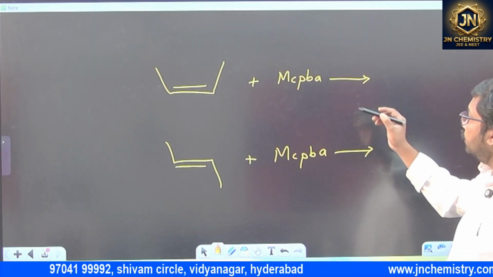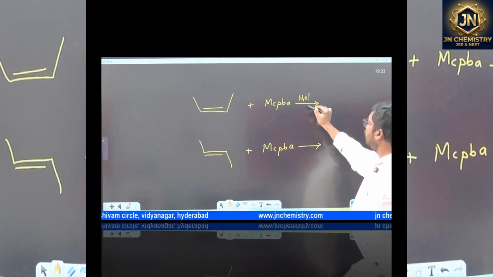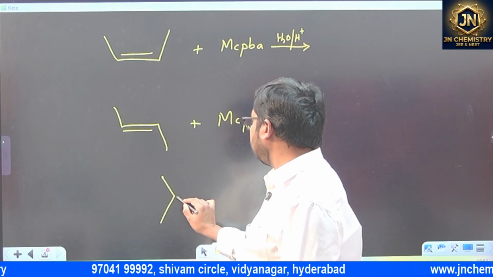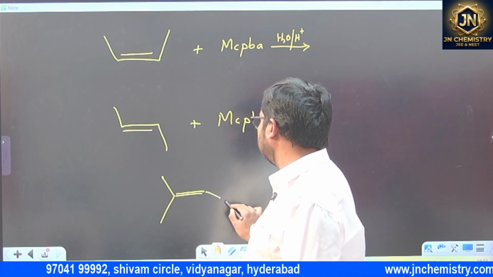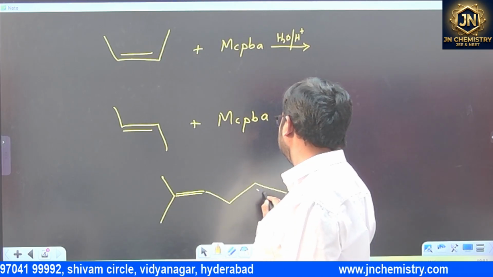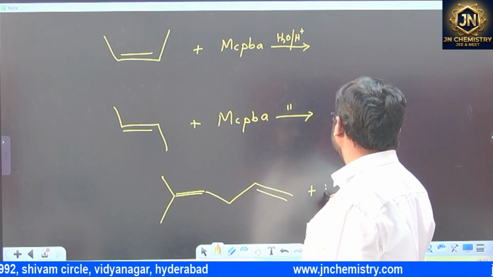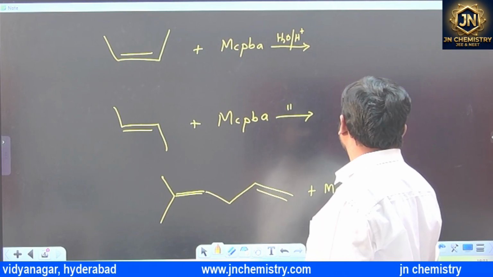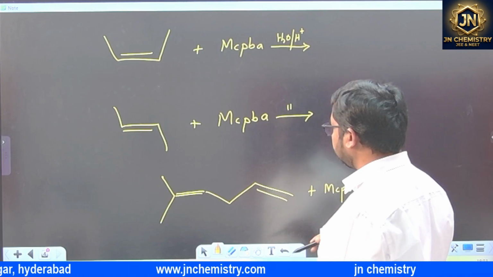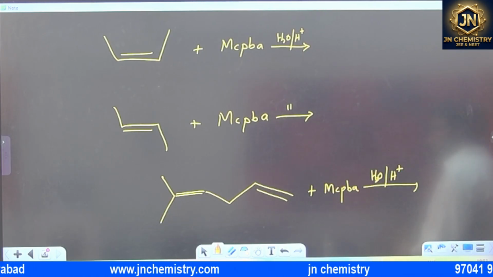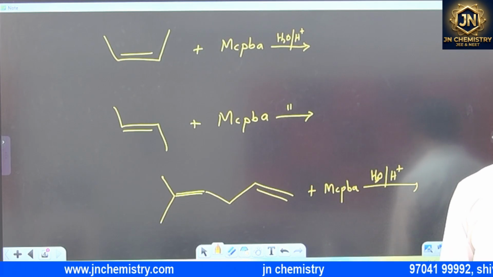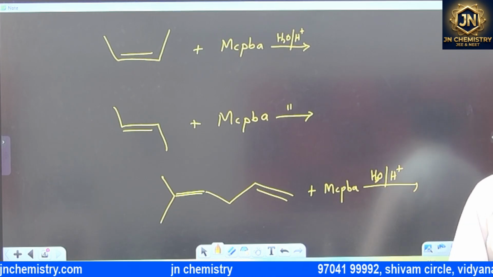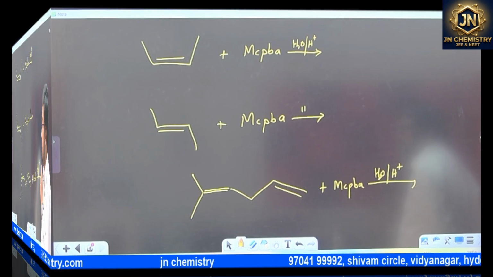Then afterwards H2O, H plus we'll add here. The two centers are there where this attacks, where the electron rich is. Come on, write the products.